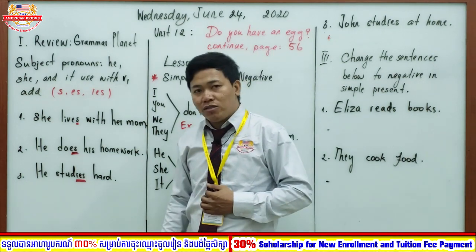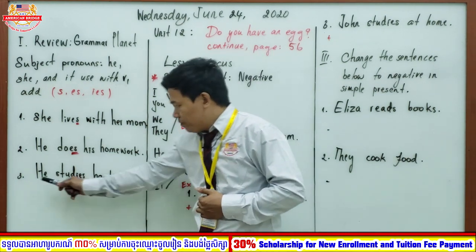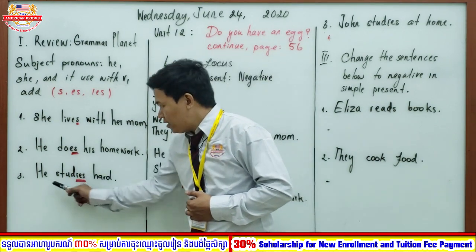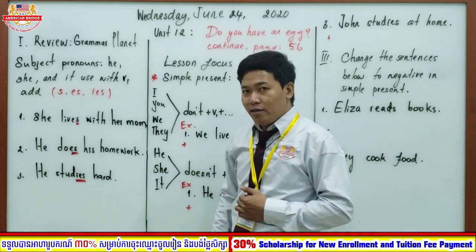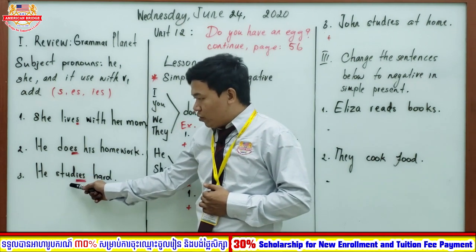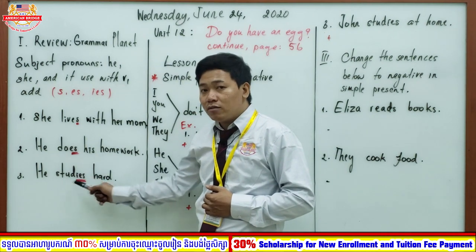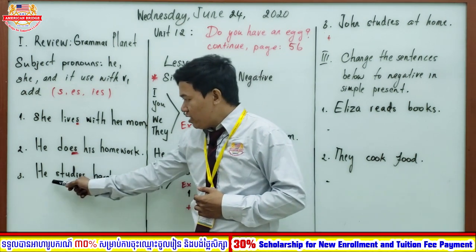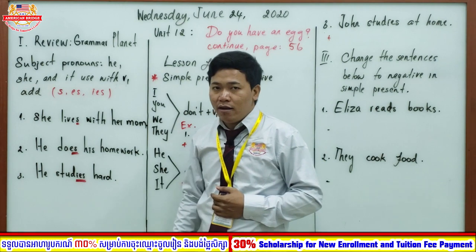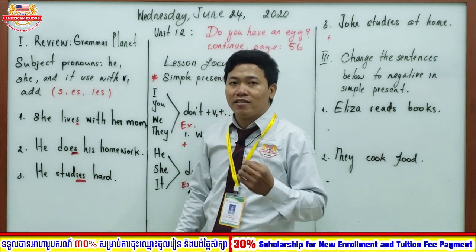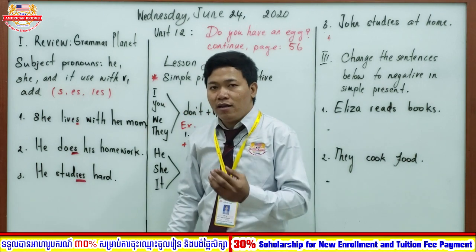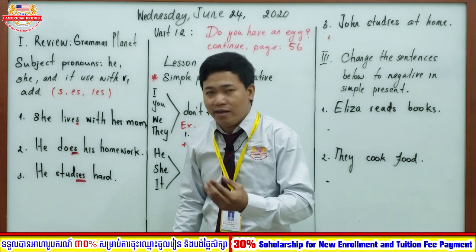Now we are coming to the third example. He studies hard. Again, he studies hard. Here we change the verb from y to ies. Why? Because this verb ends in consonant plus y.